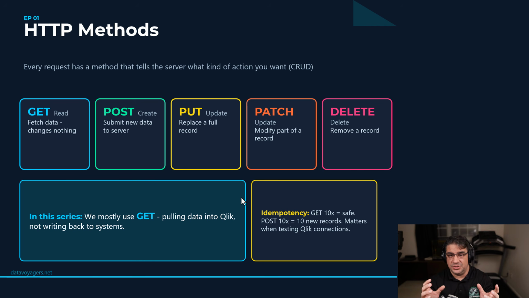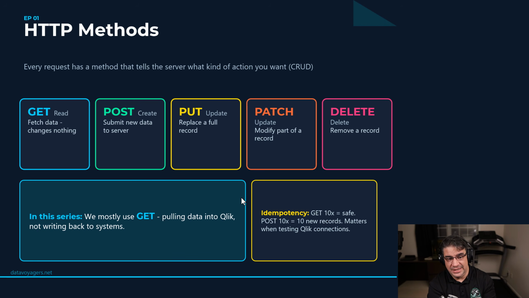Some search objects are so complex that you need to provide a body in your request, an HTTP body, and then it's through POST to get data. So it's kind of funny. GET is very common, but POST can also be used to get data. That's important. PATCH we pretty much never use.